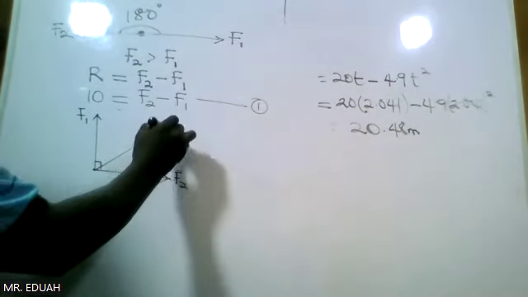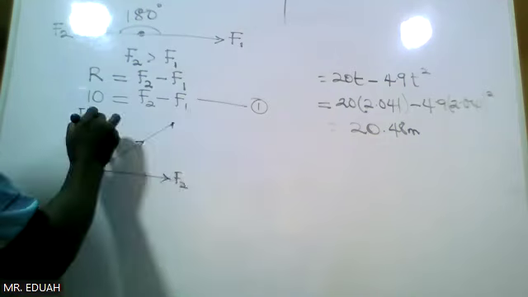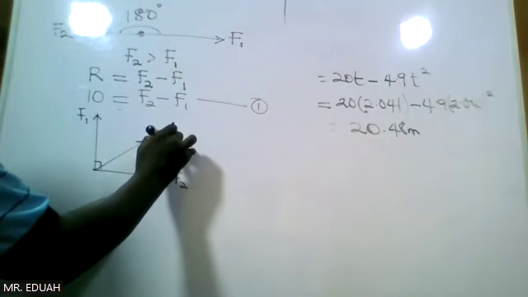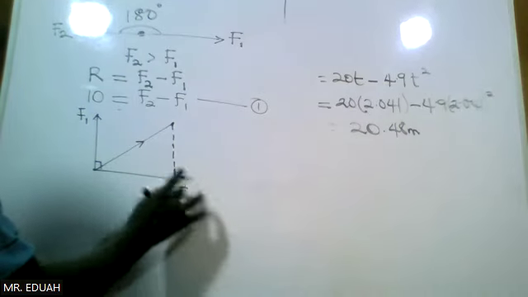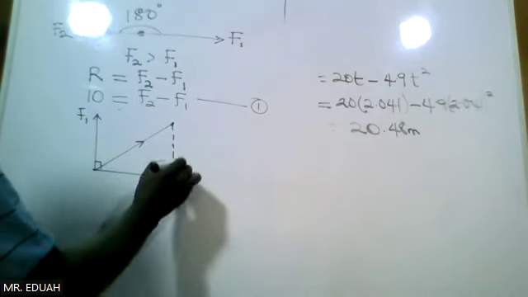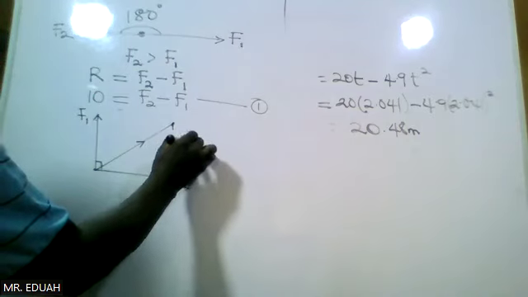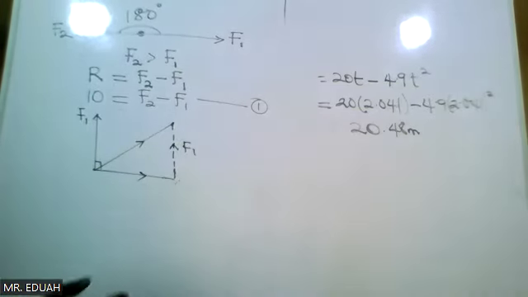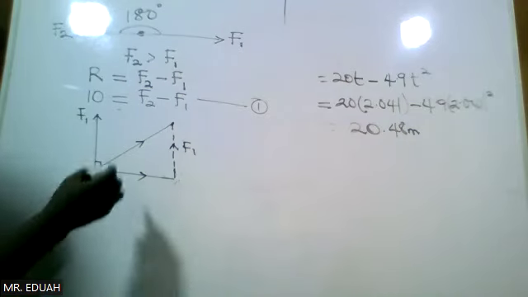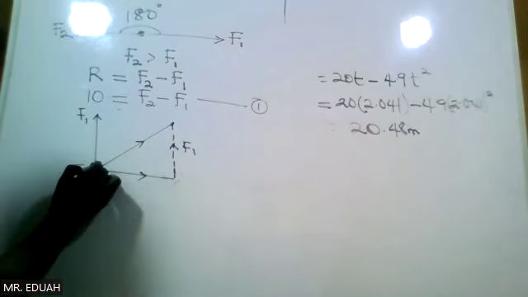Because when I draw equal vectors, the equal vector of F1 will come here, and would have the same magnitude and direction as this one. So even if I draw for one, the triangle law of vectors is obeyed.